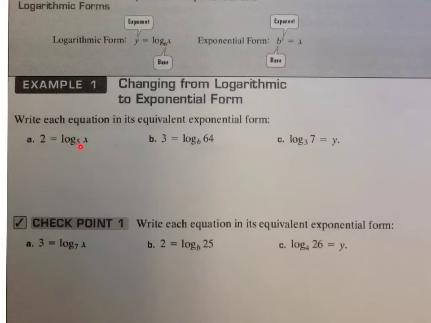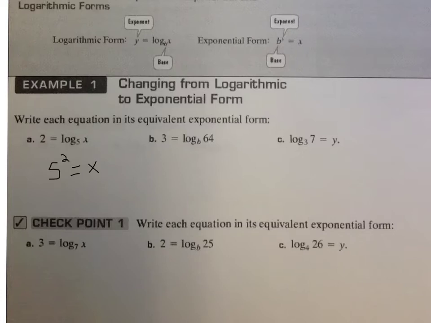So it's log base 5. When we write this in exponential form, we're going to say 5, and what that equals to, which in this case is 2, that's the power on the 5. So you've got 5 squared equals x. And that changes it to exponential form.